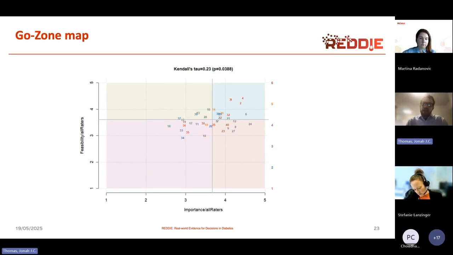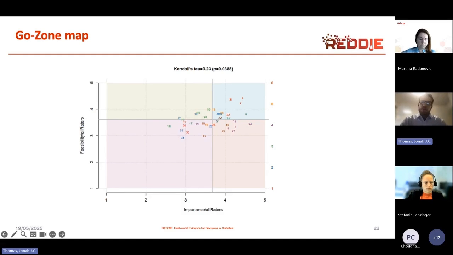In the bottom right, we can see statements which were deemed to be important, but not very feasible. In the top left, we can see statements that were feasible, but not very important. And then the key box for us is the light blue box in the top right-hand corner. And this was statements that were judged to be both important and feasible by our raters. So each number here represents a statement.